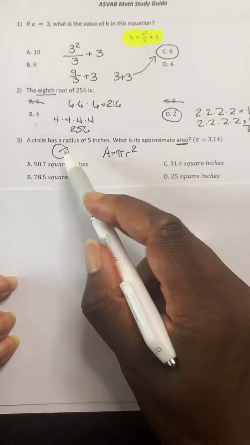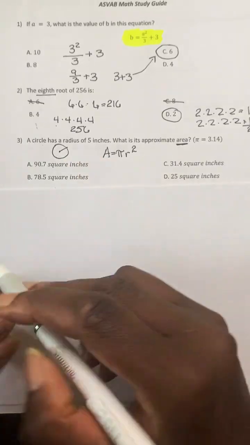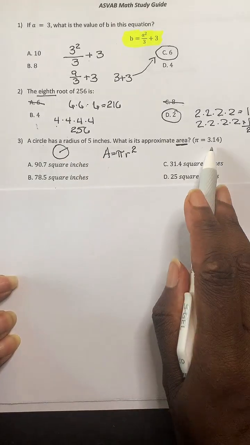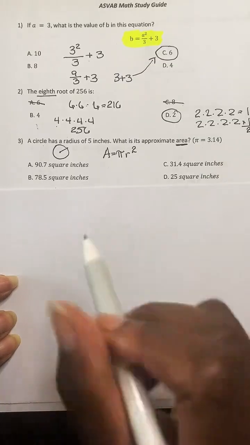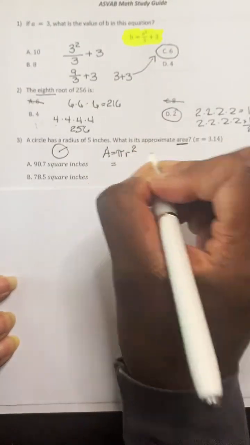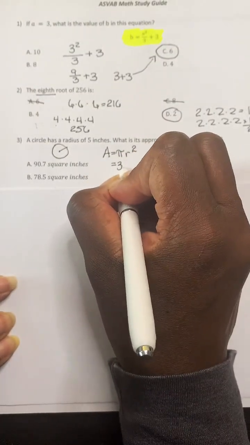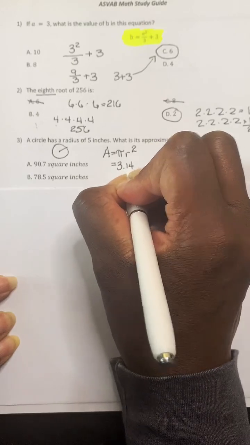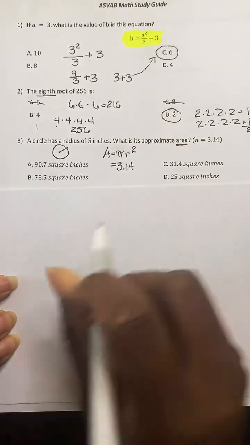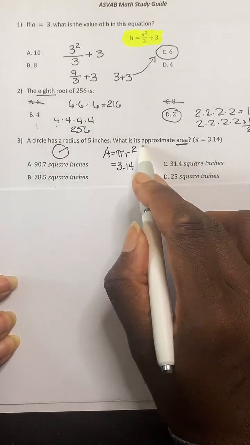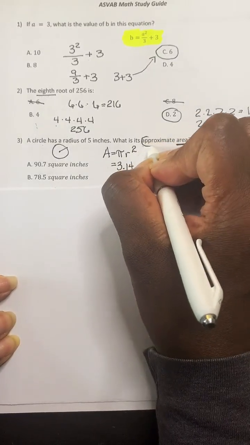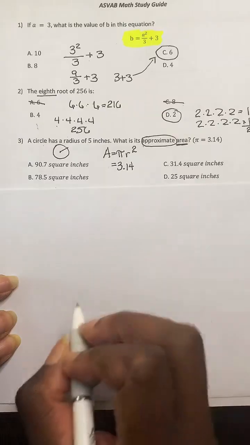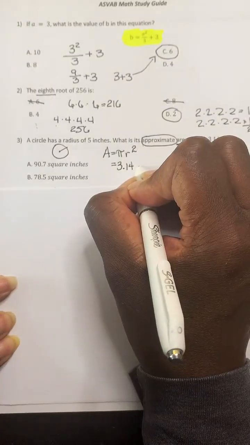All right, so we're talking about this radius of 5. They're saying that we can use 3.14 in place of pi. Now, we all know pi is a heck of a lot longer than 3.14. But since they're making that suggestion, and since they want the approximate answer, we can do this.